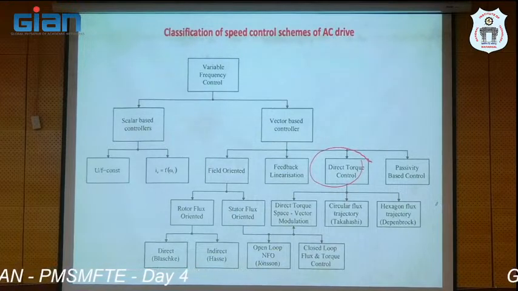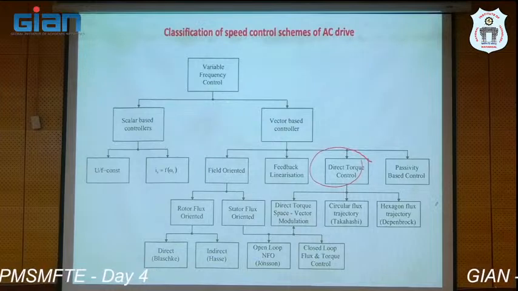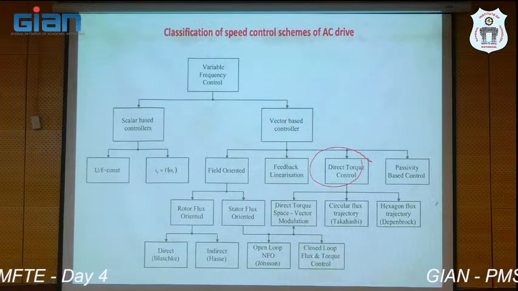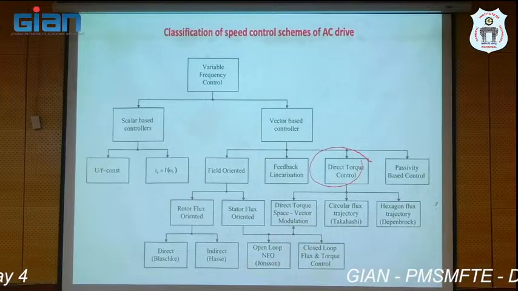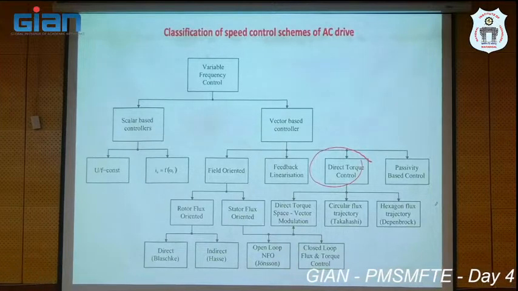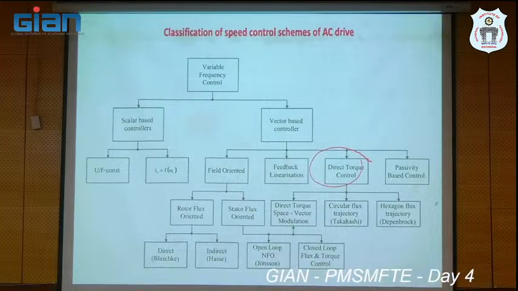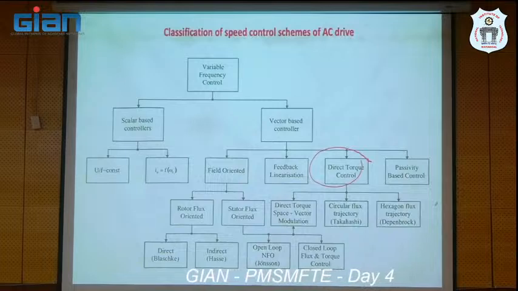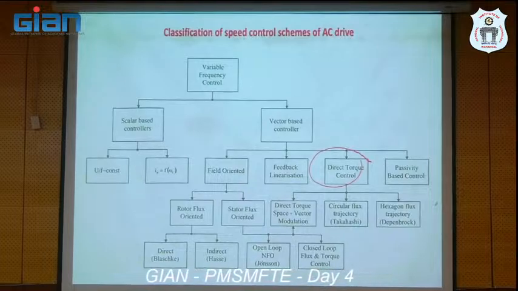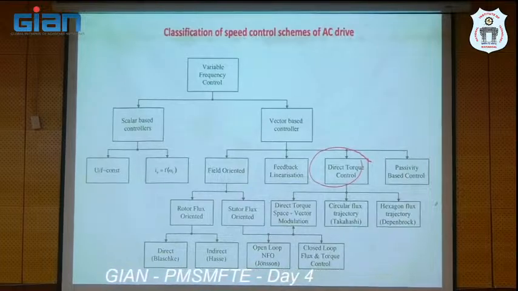Now, what is the limitation of the field orientation method? Yesterday we discussed, right? What is the main limitation of field orientation? The challenge is that estimating the rotor position is so important. If the rotor position estimation is not correct, then what will happen? What is the objective of field orientation?